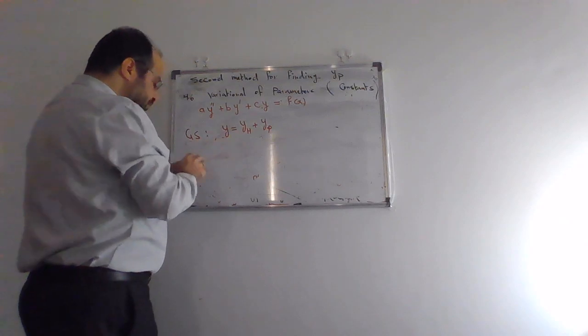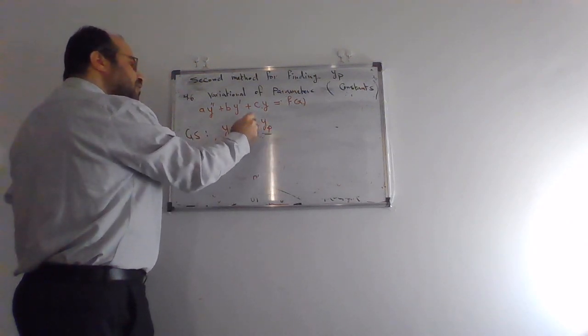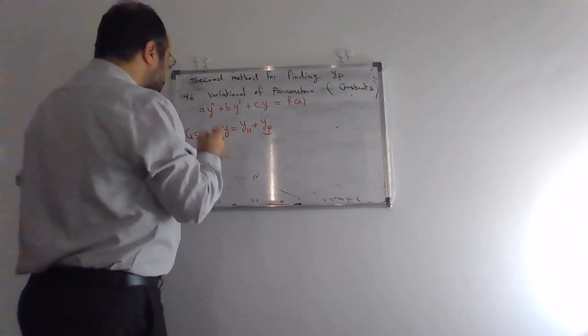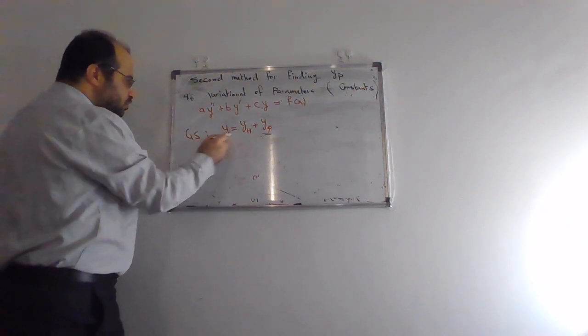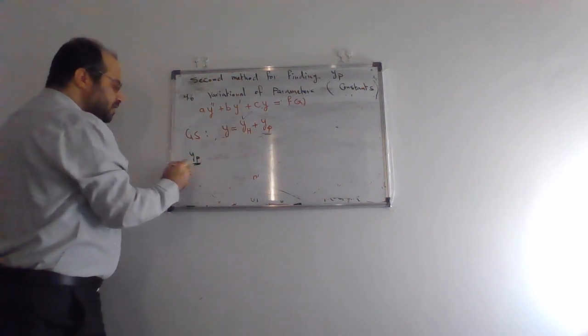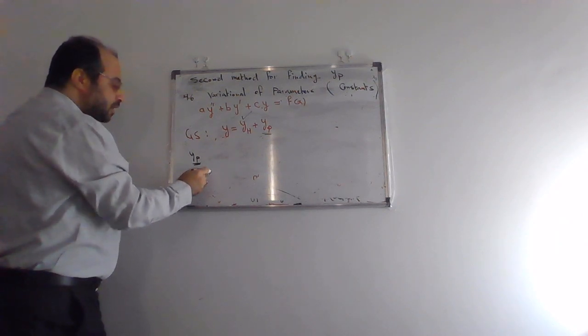Now last time we studied how to find y particular, and we said the first method is kind of guessing the solution. I gave you method 1 last time.